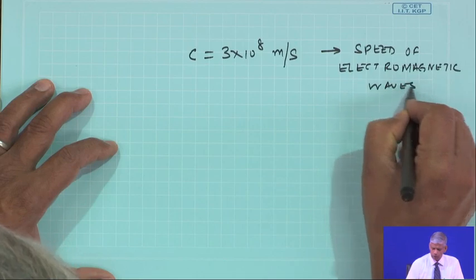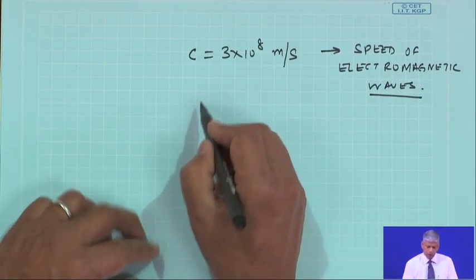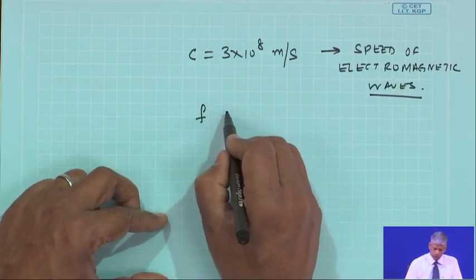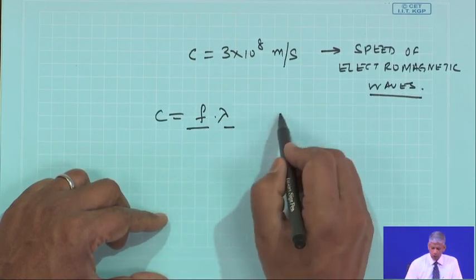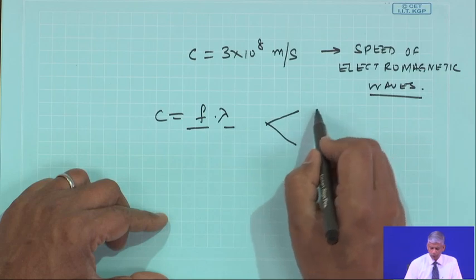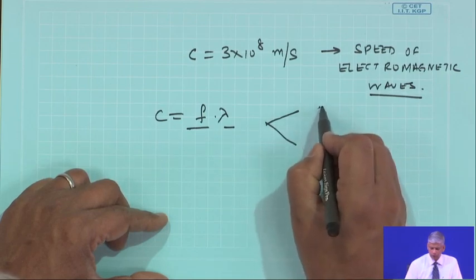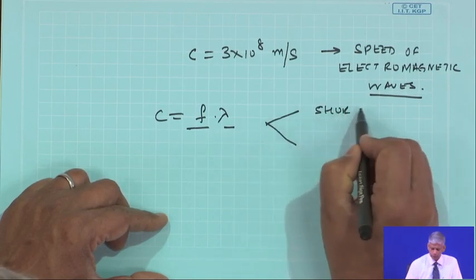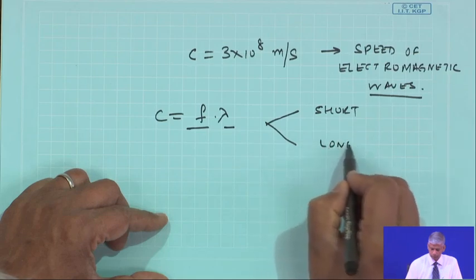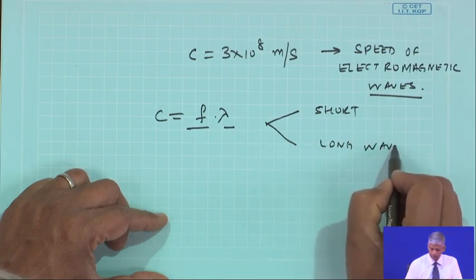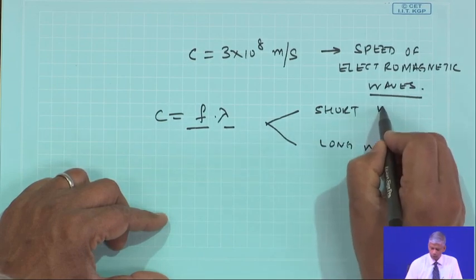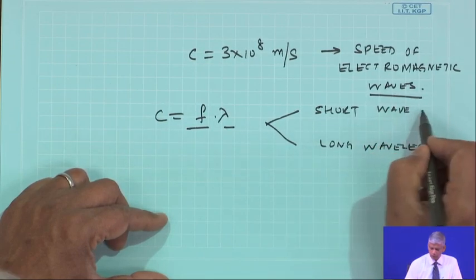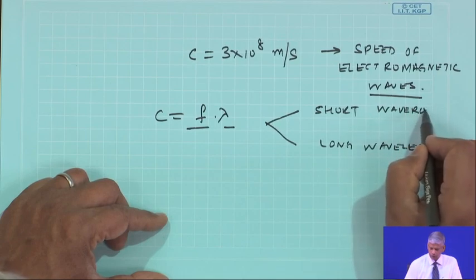And later on we will see the entire spectrum. So, depending on the frequency, C is equal to fλ, we can classify as short wavelength, long wavelength, and so on. If wavelength is high, the frequency is low, and if wavelength is short, the frequency is high.